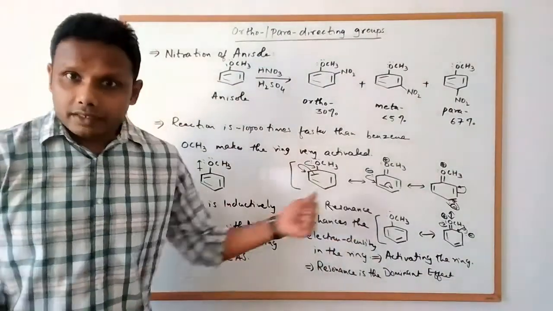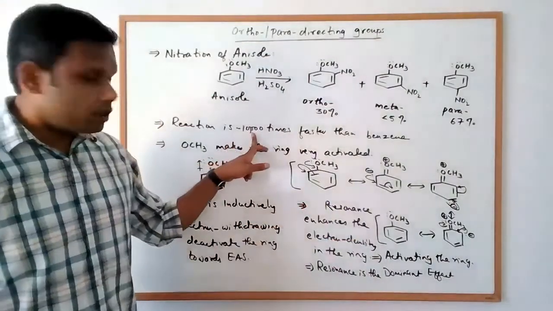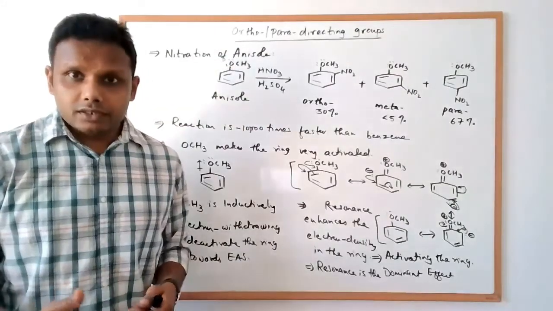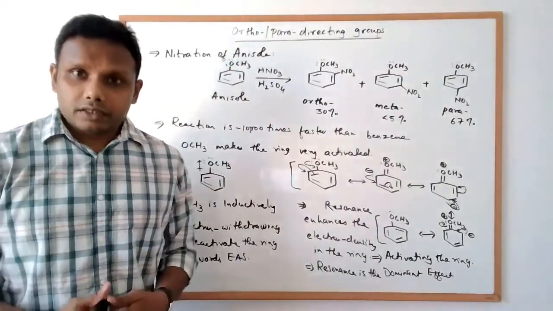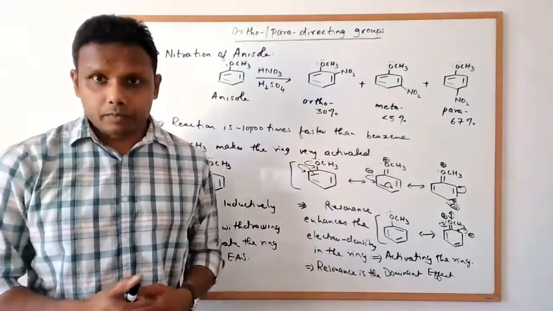Overall, we can see that this resonance effect is a major effect because the molecule is about 10,000 times faster in electrophilic aromatic substitution reactions when we compare it to benzene.